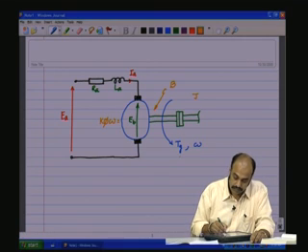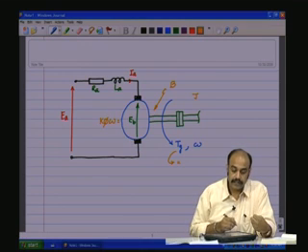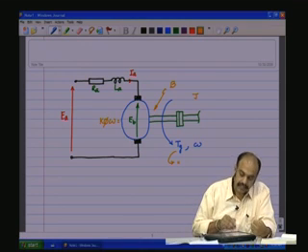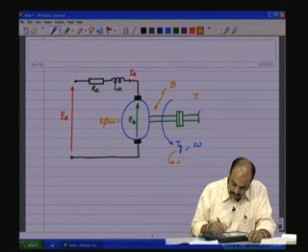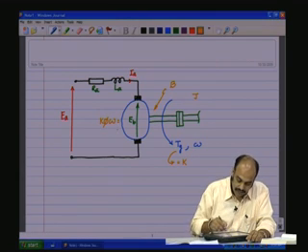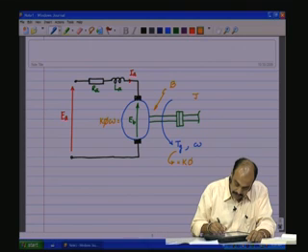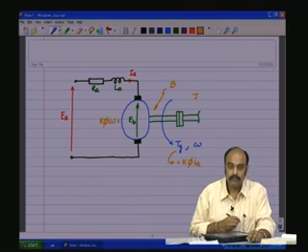The torque that is generated can be related to the state variable on the electrical side by the same K phi IA.